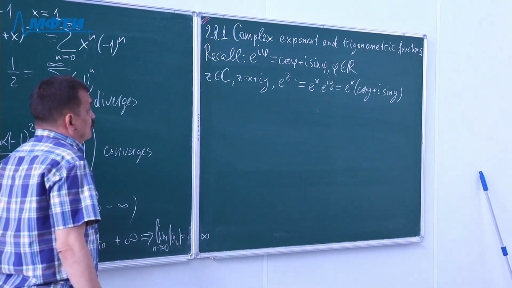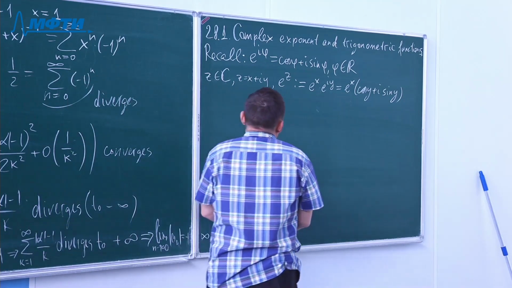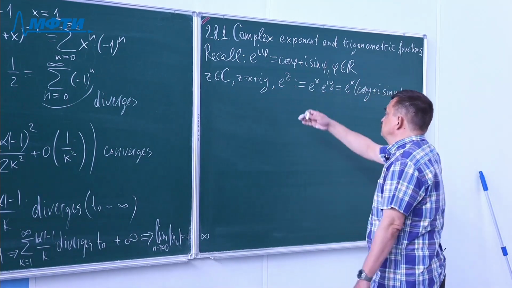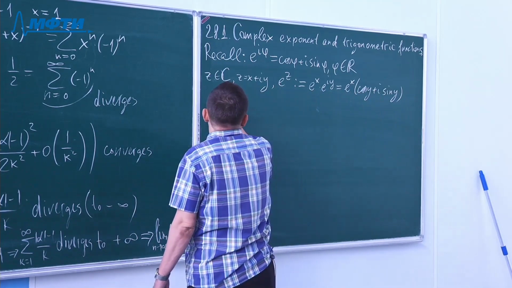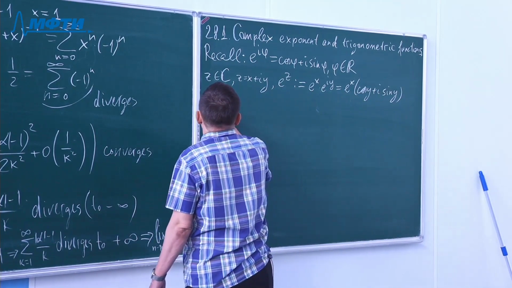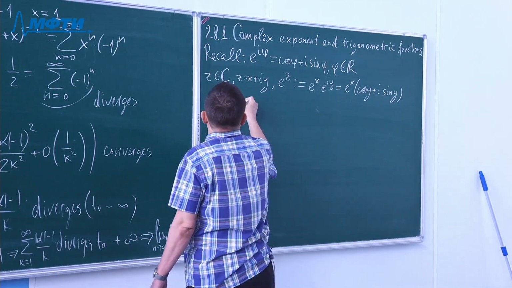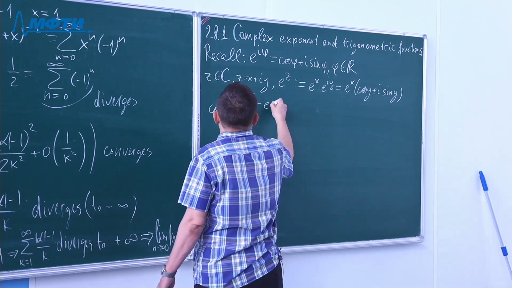And also, once we define the exponent like that, it's natural to generalize the Euler formulas. So we had Euler formulas like that.